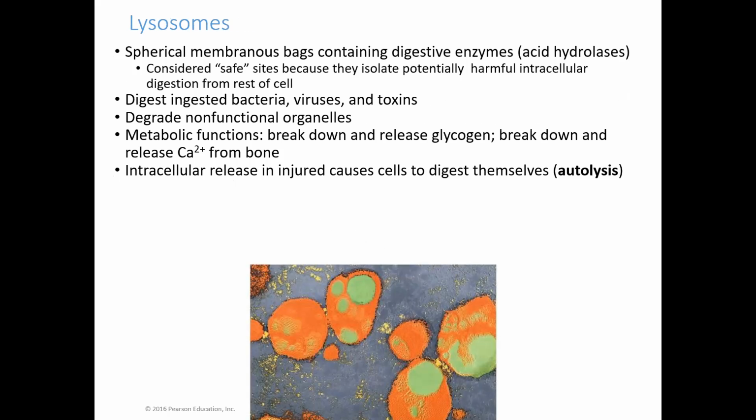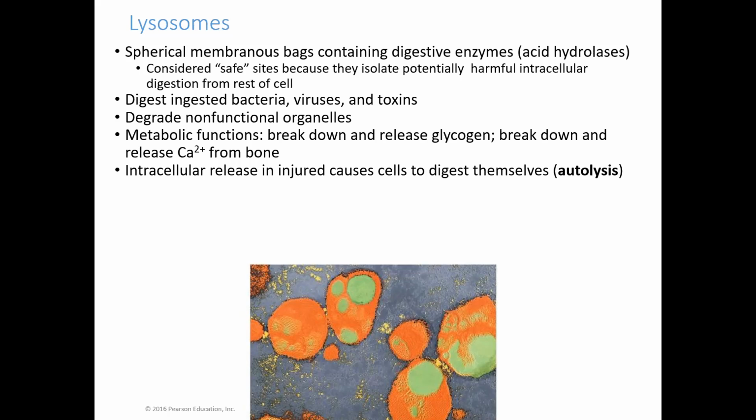Now, this other type of organelle are the lysosomes. The lysosomes are the digestive enzymes that I've been talking about. A lysosome is nothing but a sac of digestive enzymes, and it contains the enzyme because we don't want to release this digestive enzyme into the cell because it would destroy the cell.